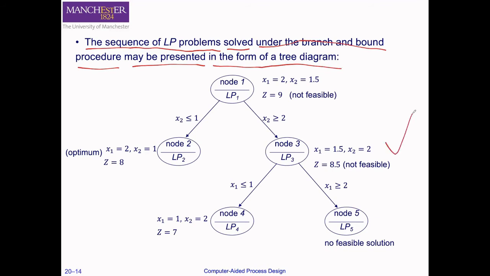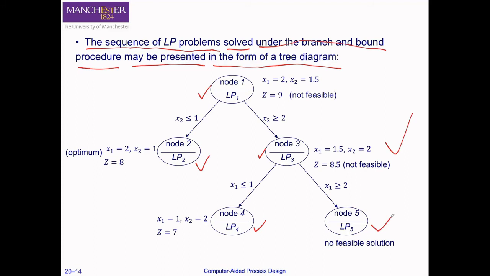Each LP subproblem corresponds to a node: LP1 as a node, LP2 as a node, LP3 as a node, LP4 as a node, and LP5 as a node, and represents a relaxation of the original integer programming problem.